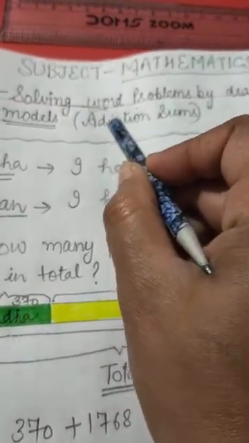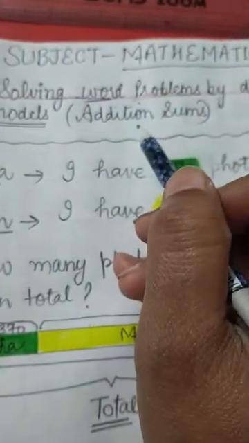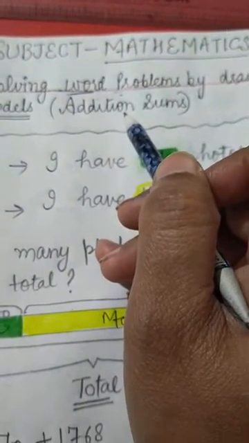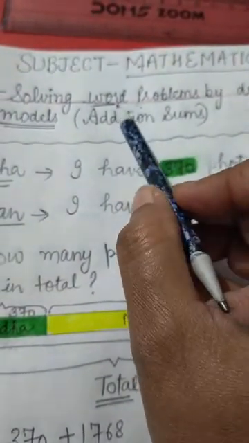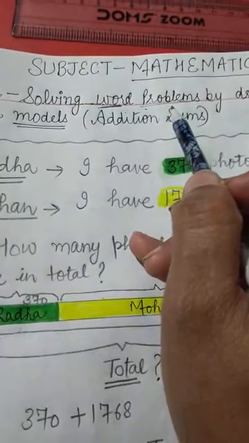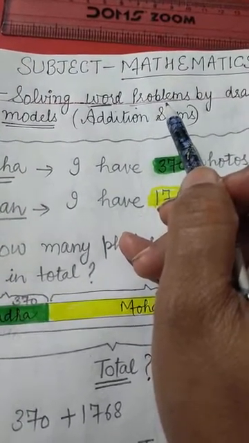When you see these types of sums relating to word problems, many students have a phobia that word problems, statement sums, are very difficult to solve. But students, don't have this phobia in your mind.